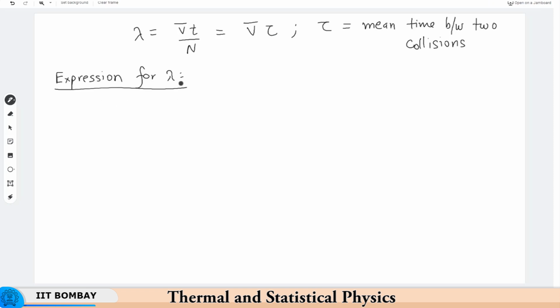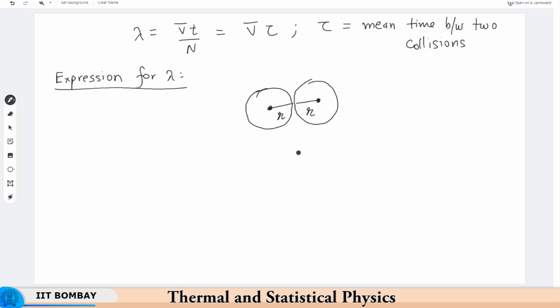Again, we have to use our imagination now. What do we really mean by the term collision? Let us assume our gas molecules look like spheres of radius r. Say this is a gas molecule with radius r, and there is another gas molecule which also has radius r.